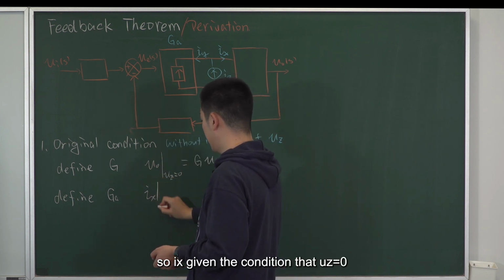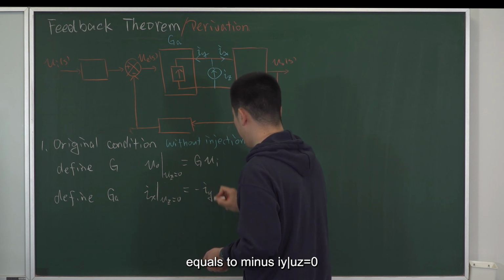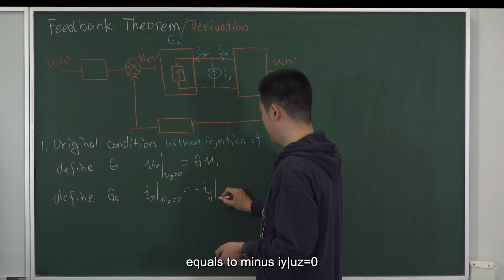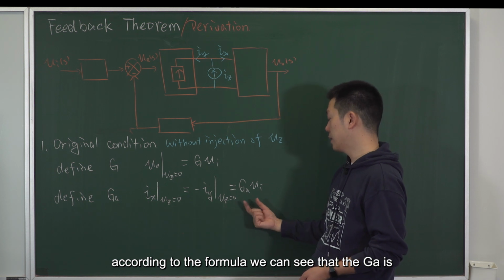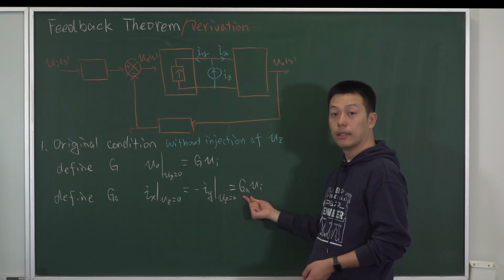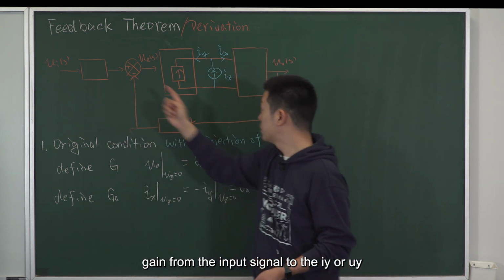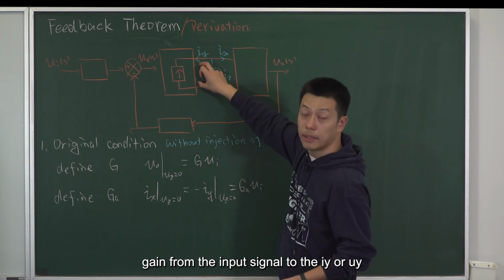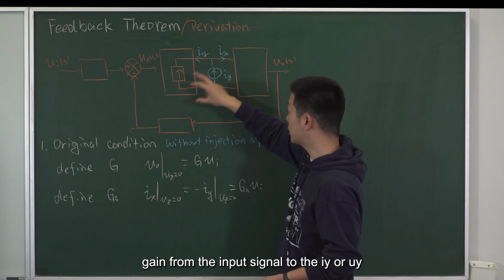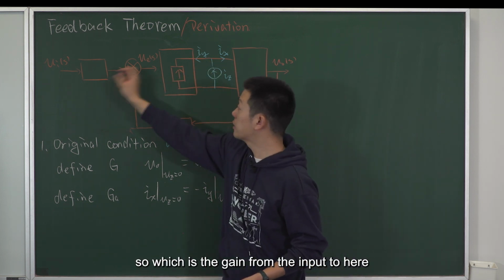So IX, given the condition that UZ equals 0, equals minus IY. According to the formula, we can see that GA is defined as the gain from the input signal to here, IY, so the gain from here to here.